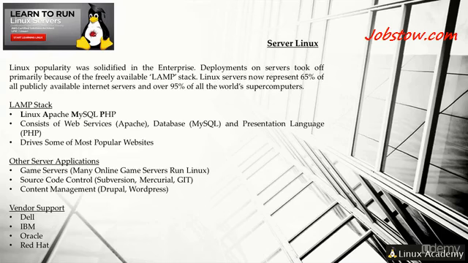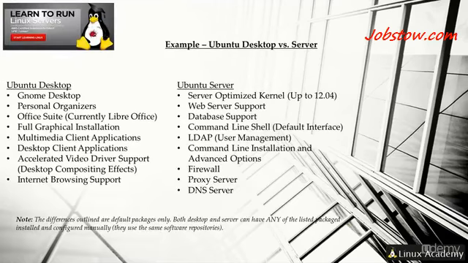So let's take a look at an example. So for Ubuntu, the differences between Ubuntu desktop and server are on the desktop. By default, it comes installed with the GNOME GUI.